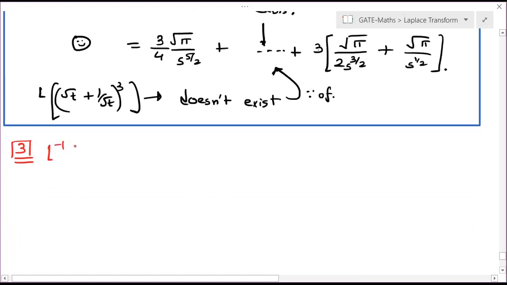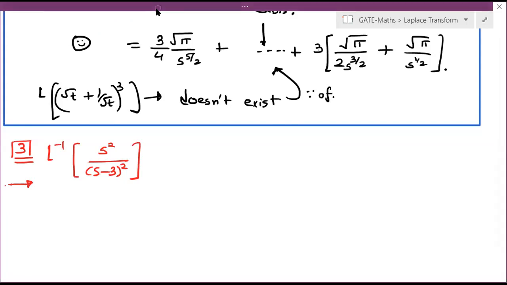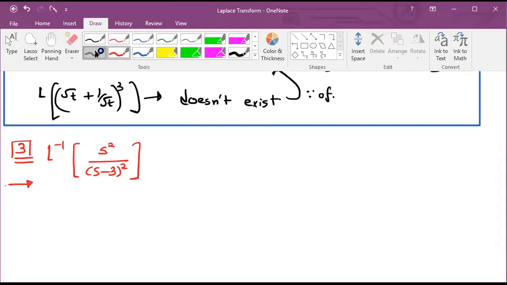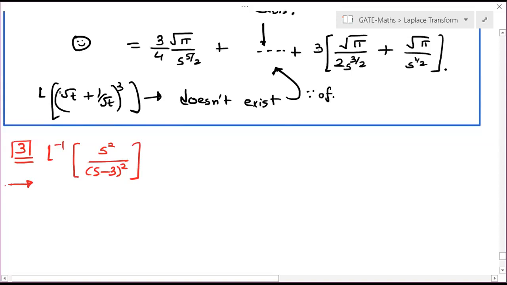So we are continuing inverse Laplace transform from here. Laplace inverse of s square upon (s minus 3) whole square. Now, can we apply any formula over here? Do we have any formula for this? No, right?